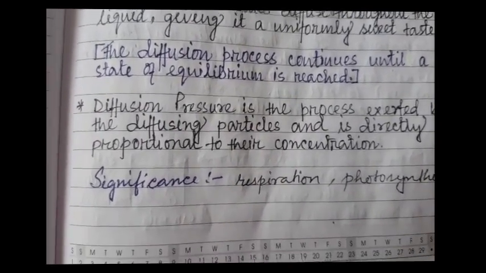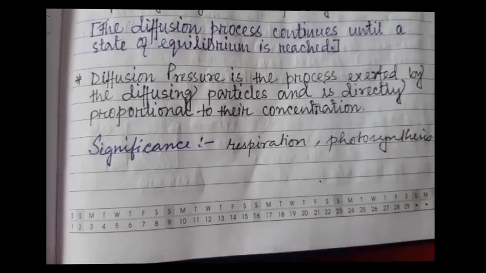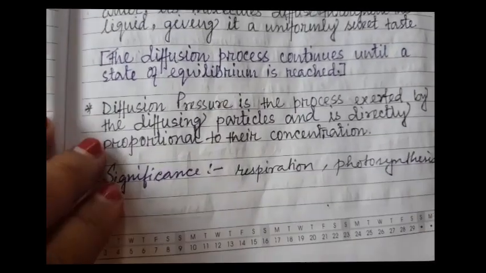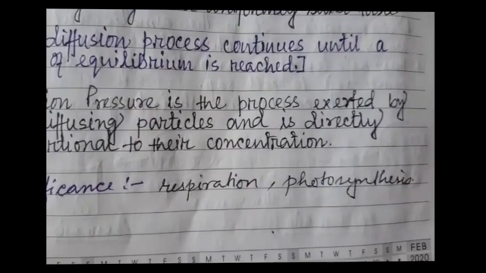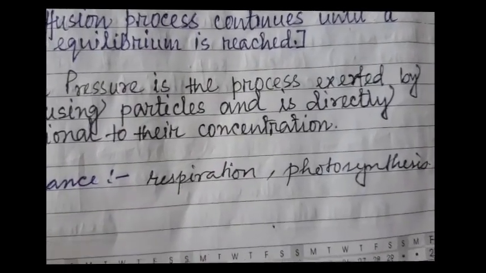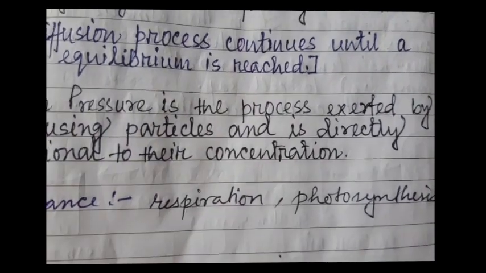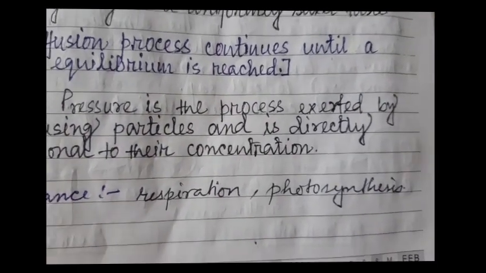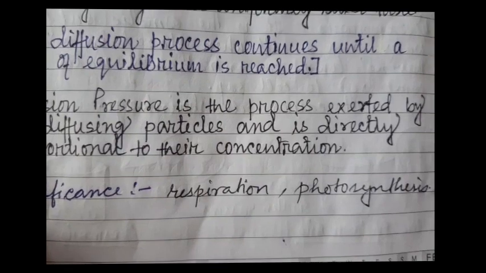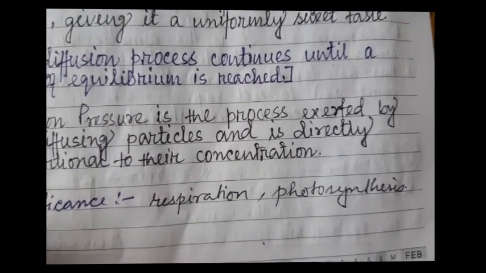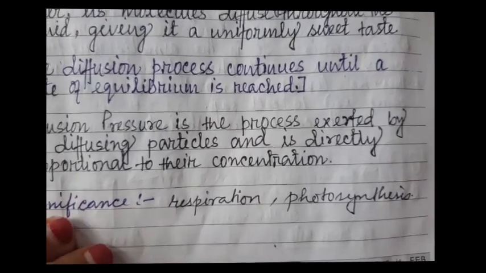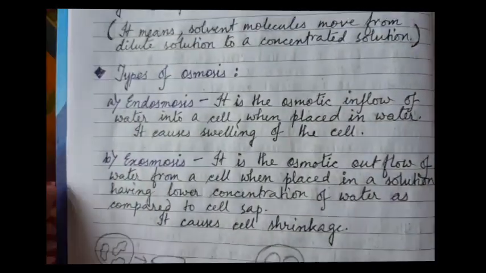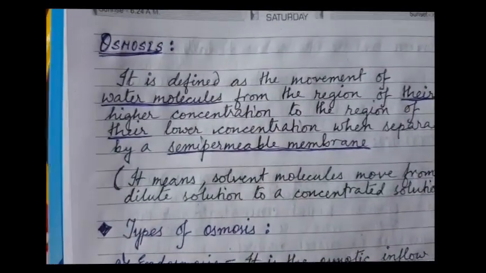The significance of diffusion can be seen in processes like respiration and photosynthesis, where the gases get diffused throughout the system, whether it's a plant or an animal. In respiration, we can see the diffusion of carbon dioxide and oxygen. And in photosynthesis, unless the plants take in carbon dioxide, they cannot produce food.